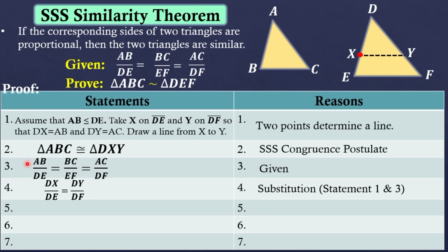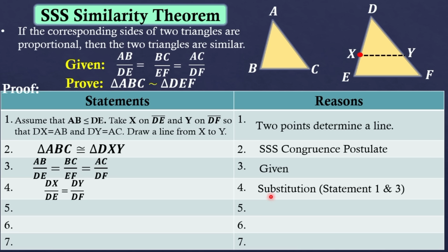So, yung AB mo dito, ito po yung based dun sa given natin, AB over DE, since AB is equal to DX, then DX is equal to DX over DE. And then dito naman, since AC is equal to DY, so si AC ay mag-substitute tayo ng DY since equal naman sila. That's why we have DY over DF. Ito po siya.